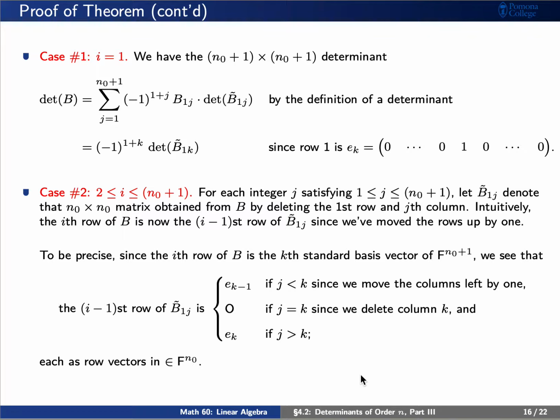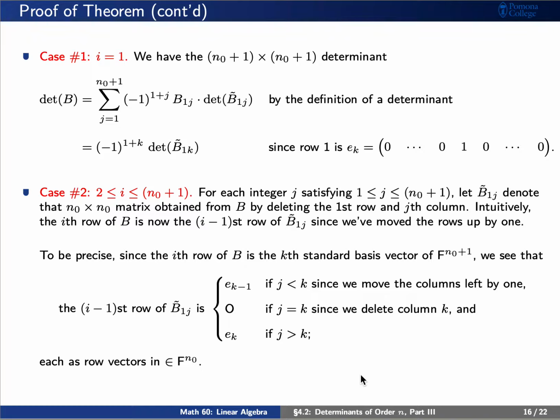When j equals k, this means that the column we're deleting to form B_1j tilde is actually the number 1 in our standard basis vector e sub k. This means that the (i-1)th row of B_1j tilde now becomes a row of zeros. And finally, let's see what happens if j is to the right of k.